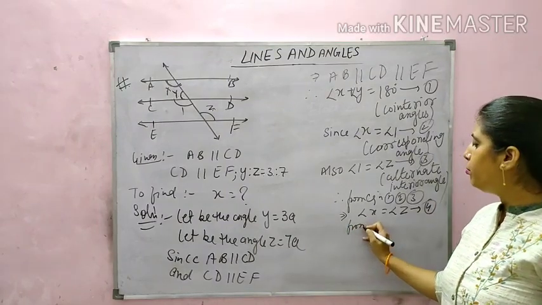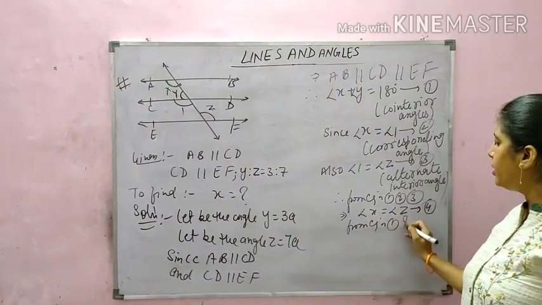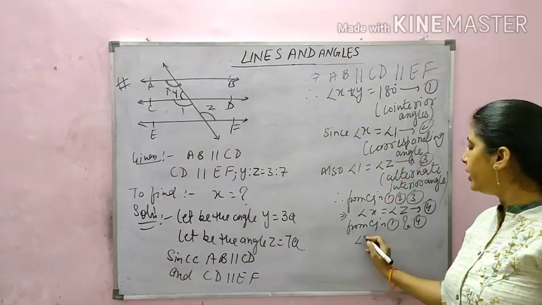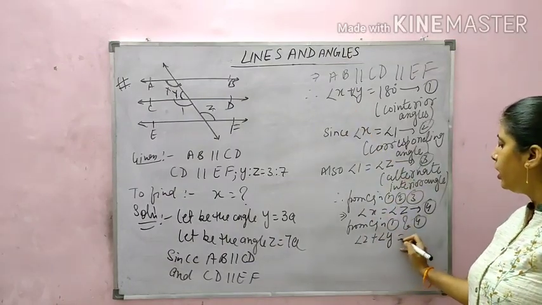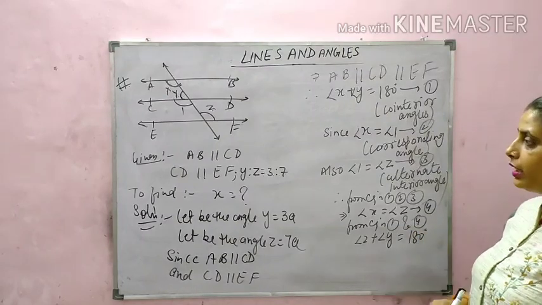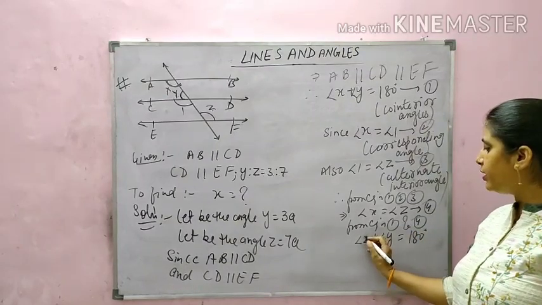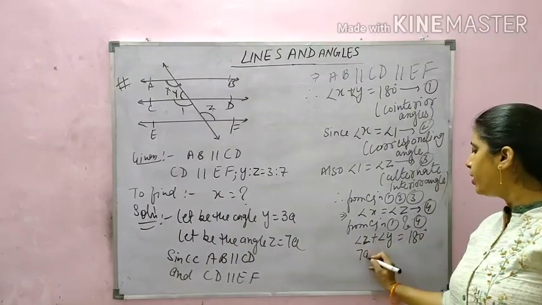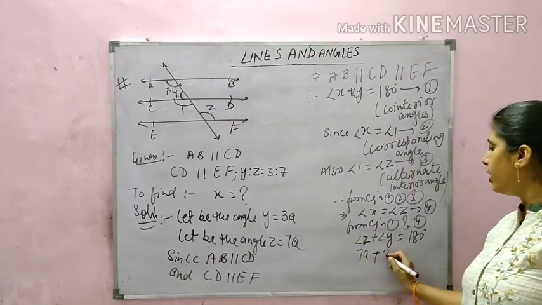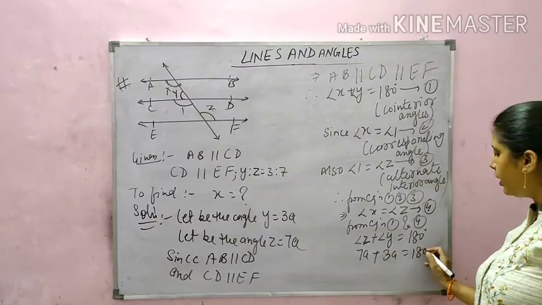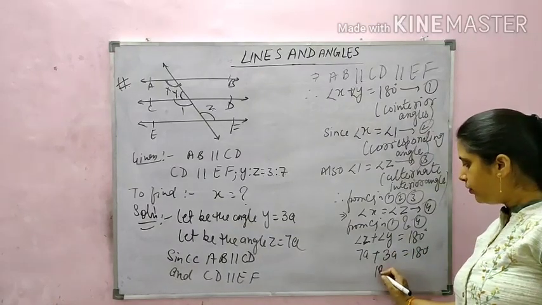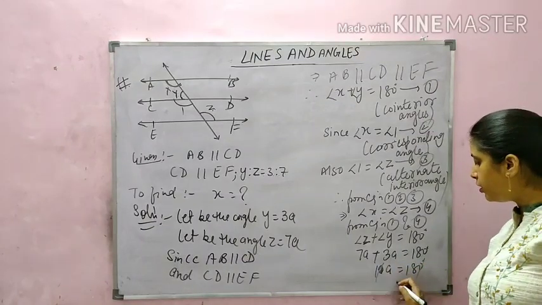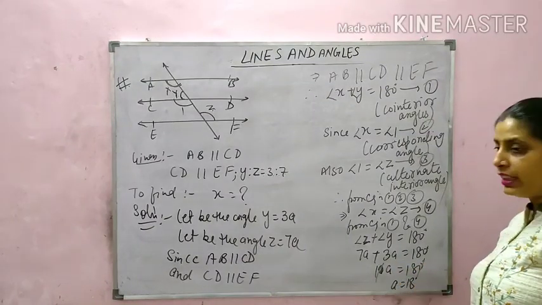Now, from equations 1 and 4, put angle z plus angle y equals 180 degrees. Angle z is 7a plus angle y is 3a equals 180 degrees. It will be 10a equals 180 degrees, so a equals 18 degrees.